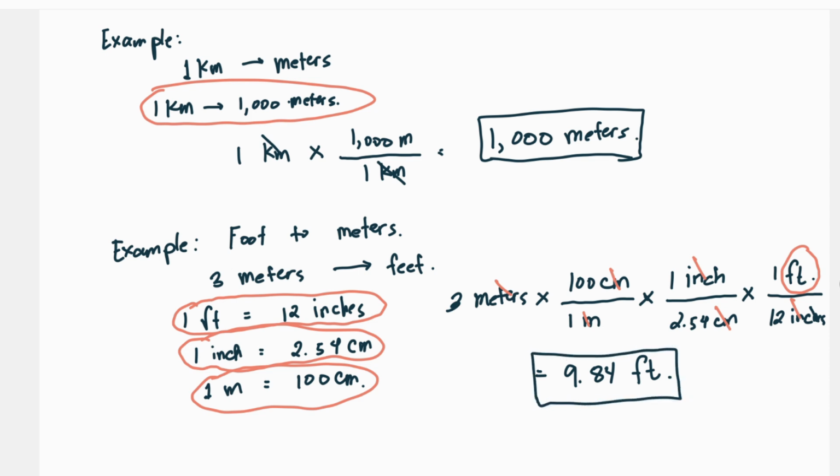So this is how we are going to convert meters to feet. But of course, this is somewhat a very long process, but there is a shorter conversion factor available on the internet, but I cannot memorize the complete conversion factor from meters to feet.